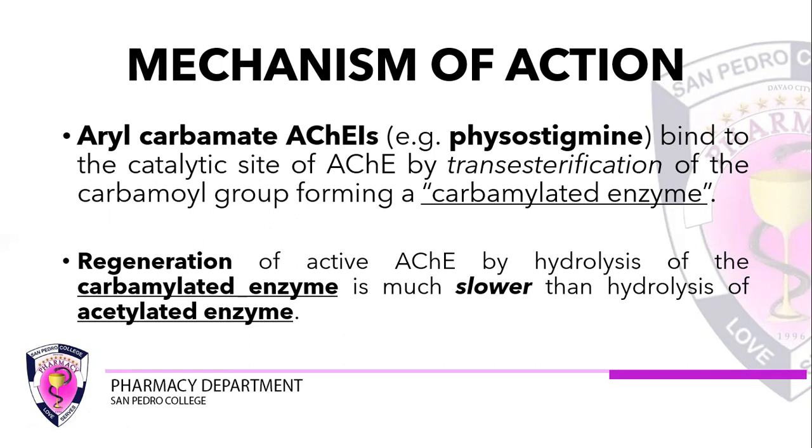Now, a carbamate results in a carbamylated enzyme. So the carbamylation of acetylcholinesterase results in the inhibition of its action. But once again, it is not permanent, because eventually the acetylcholinesterase regenerates. Regeneration of its active form.